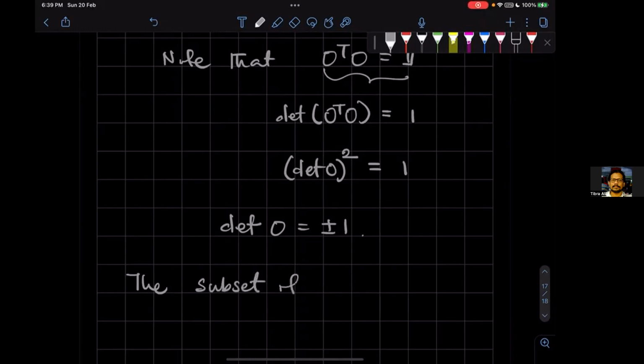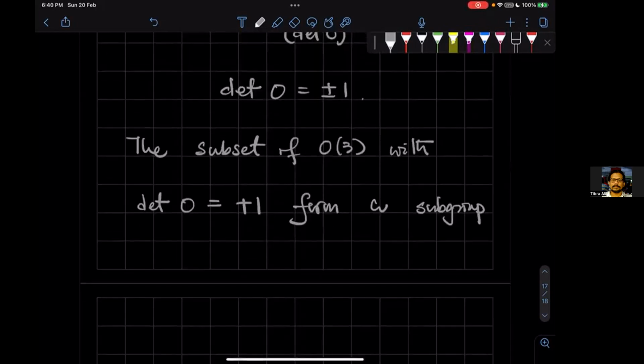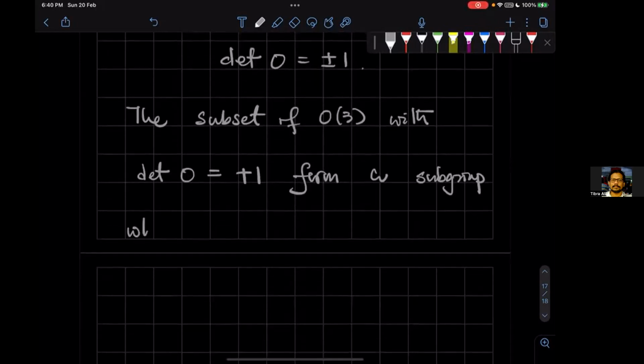Okay, and at some point we will show that the subset of O3 with the determinant of O equal to plus 1 forms a subgroup, which we call SO3.